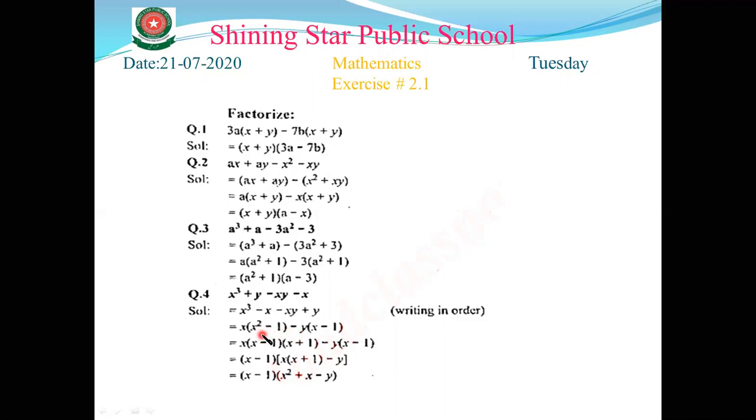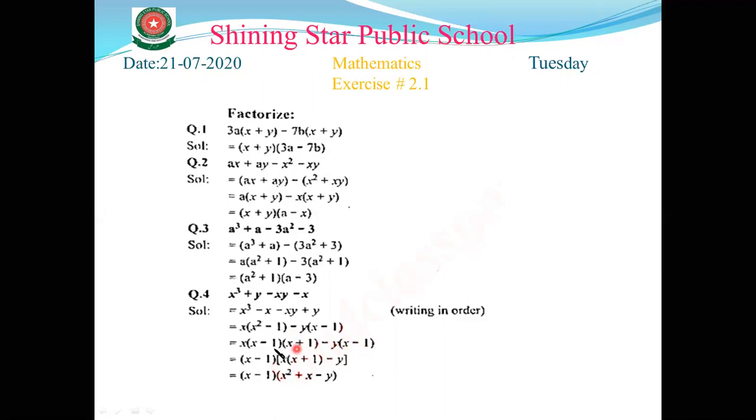Here is x square minus 1. So we can use the formula a square minus b square. And we know that a square minus b square equals a minus b, a plus b. So that's why x square minus 1 changes into x minus 1, x plus 1. Now in this step, x minus 1 and x minus 1 are common.